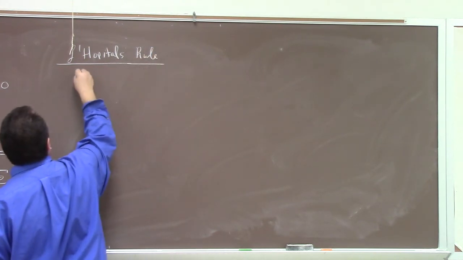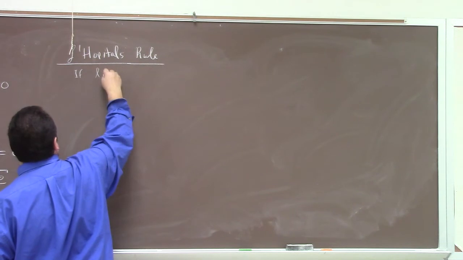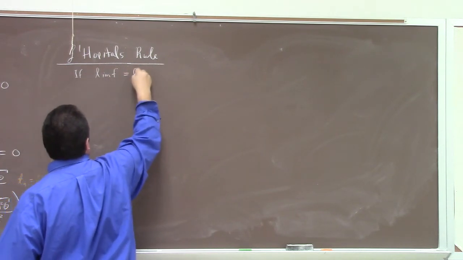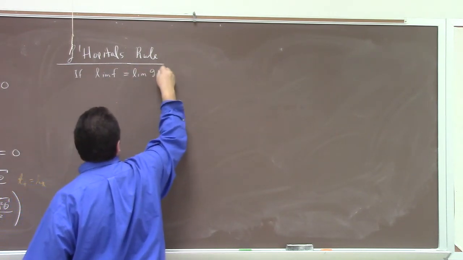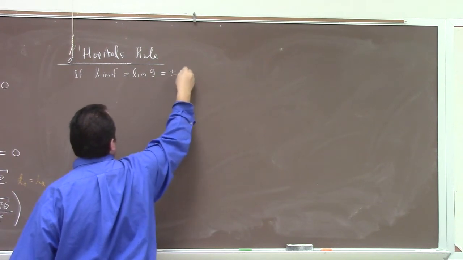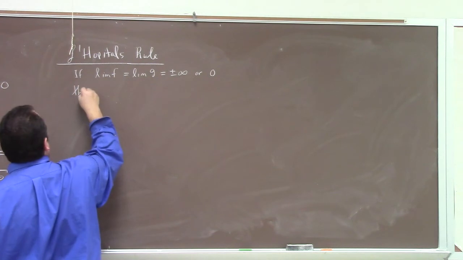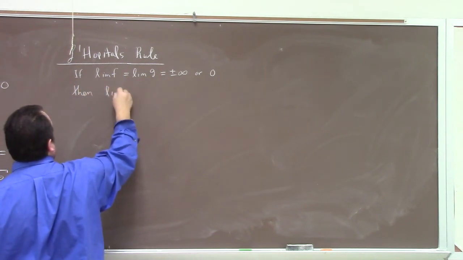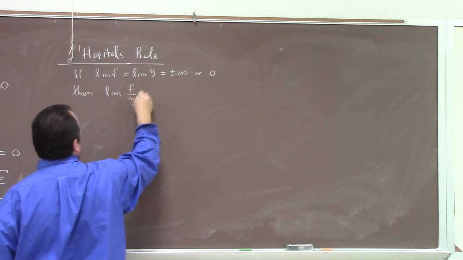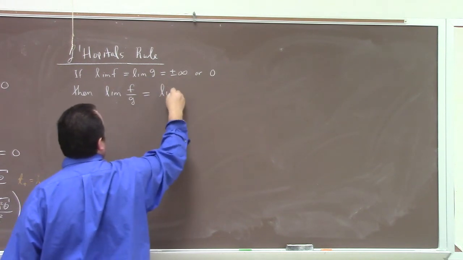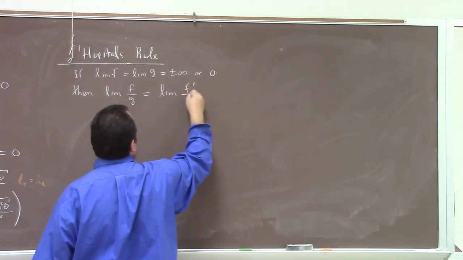It says that if the limit of f equals the limit of g equals plus or minus infinity or 0, then the limit of f over g is equal to the limit of f prime over g prime.